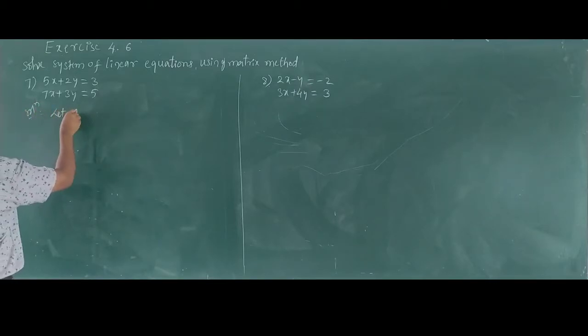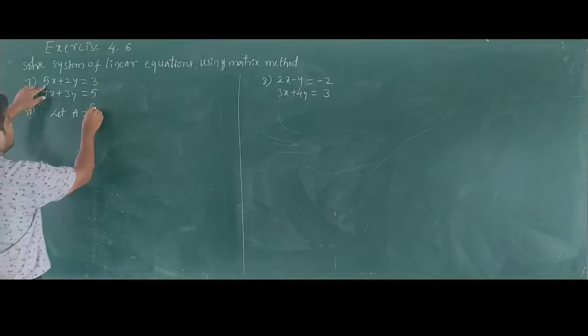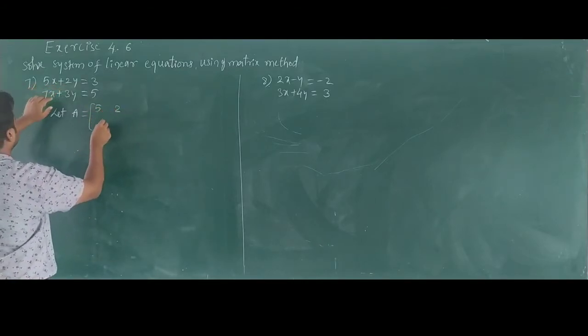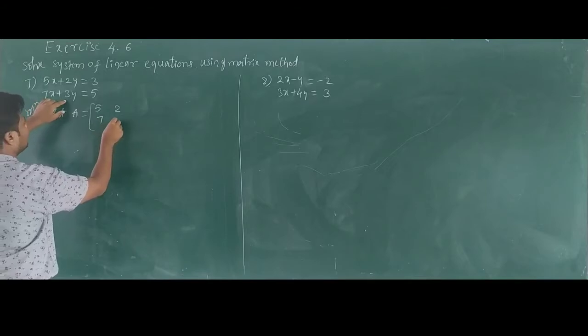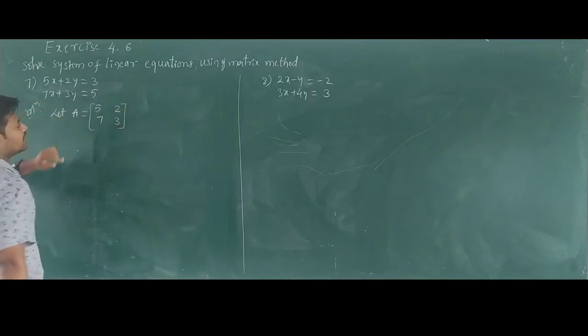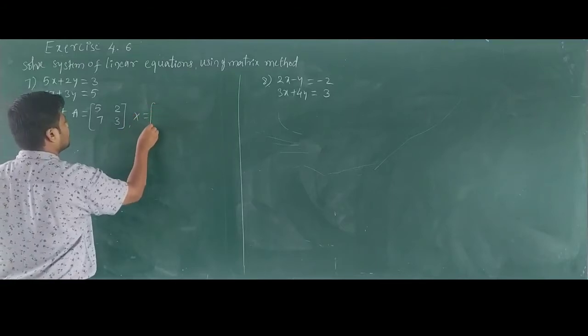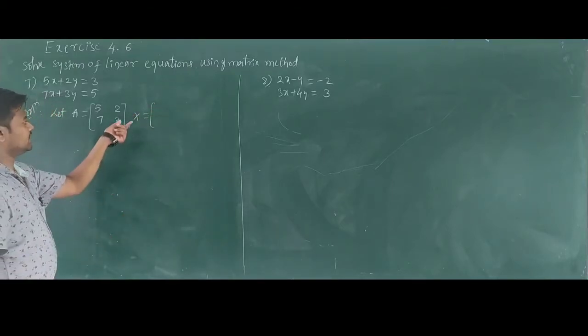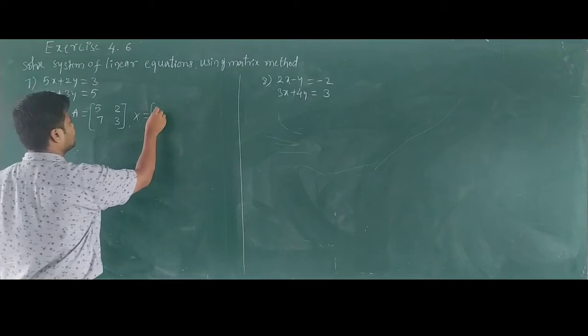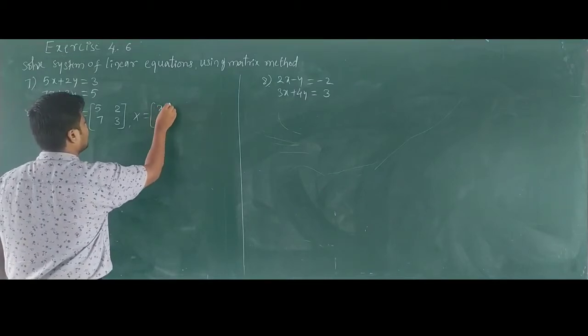Let matrix A be the coefficients of x and y. So coefficients of x are 5 and 2, then 7 and 3. This is matrix A. Matrix X is the variables, two variables x and y.